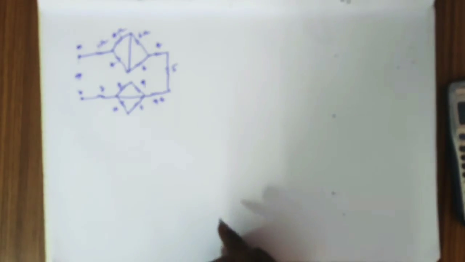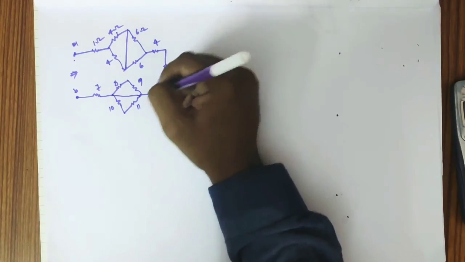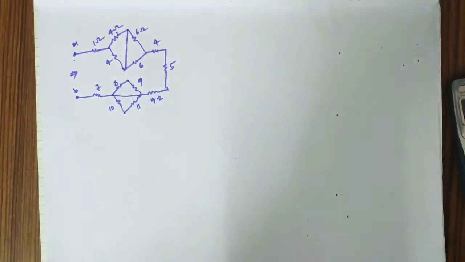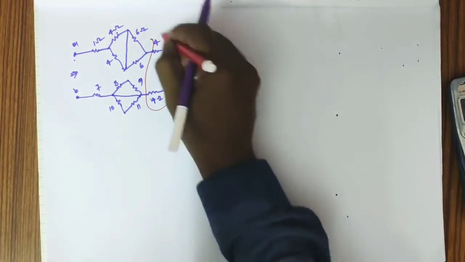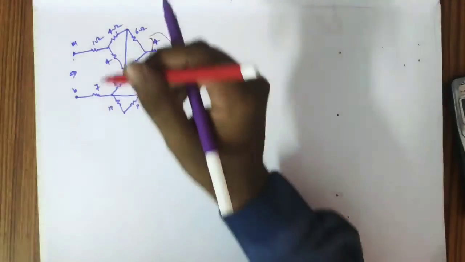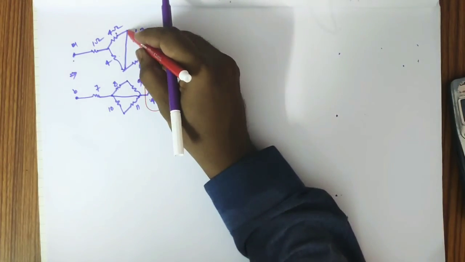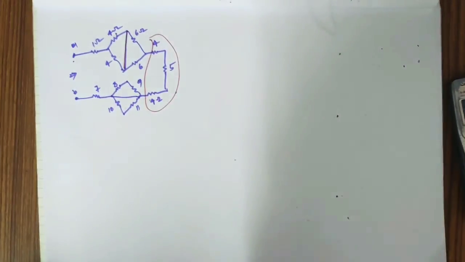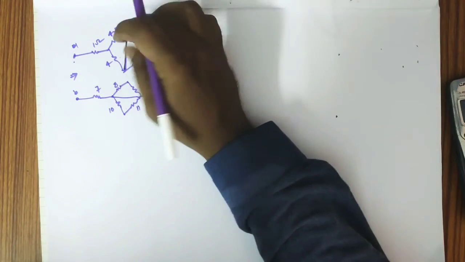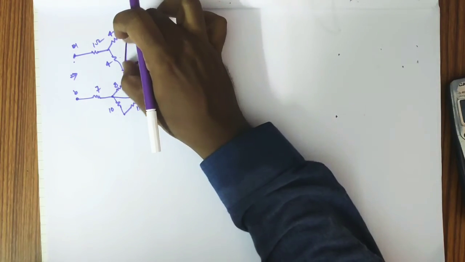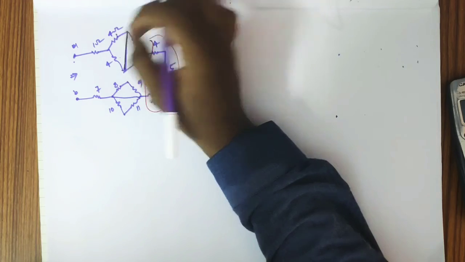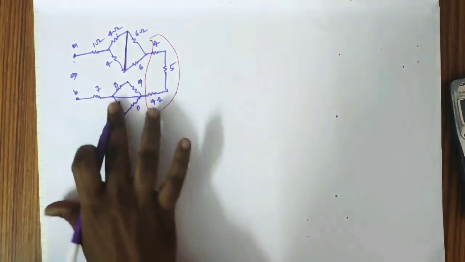Okay, now what do you observe here? So straight away, this 4 ohm, 5 ohm, and 4 ohm are in series. So we'll replace this, and again what you observe, there is a one point here. So if you see the straight line, don't confuse that. You can merge this, and you can merge this also.